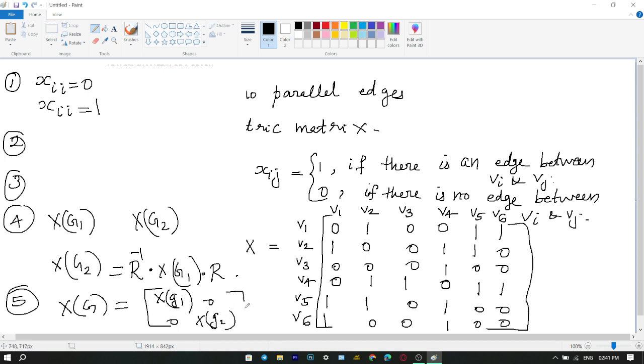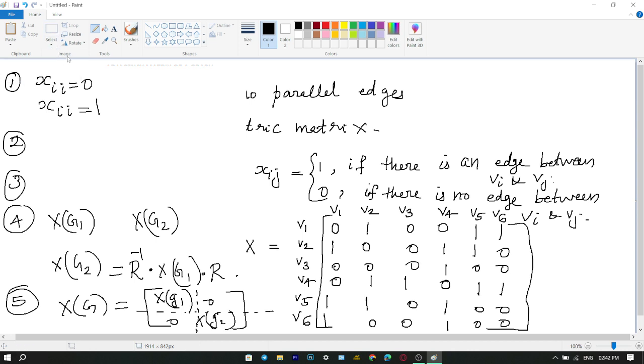Here X of G1 represents the adjacency matrix of the component G1, X of G2 represents the adjacency matrix of the component G2, and 0 represents the zero matrix. This partitioning implies there exists no edge joining any vertex in G1 to any vertex in G2.